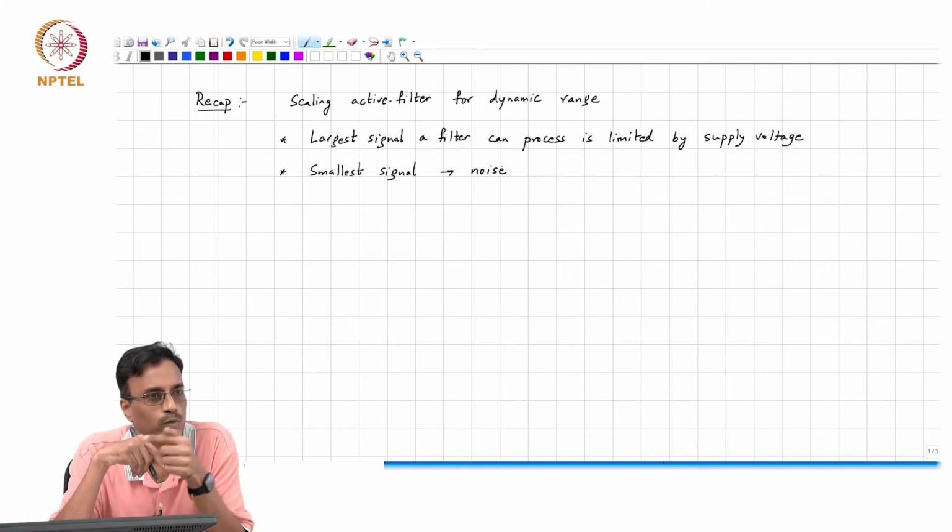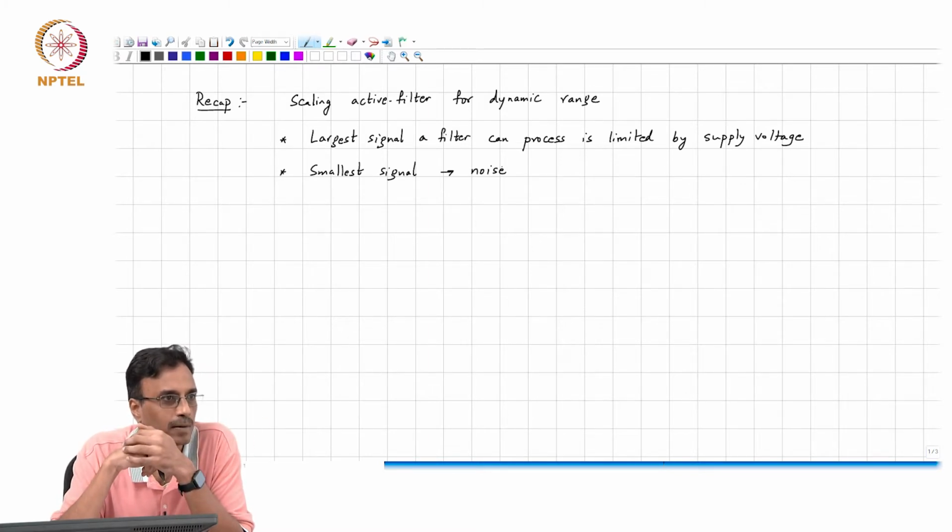This way, the current that was going into the branch would be the same regardless of what the voltage was.